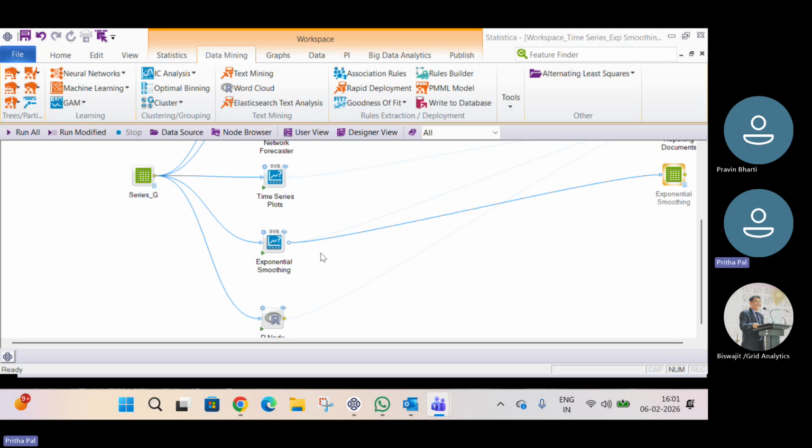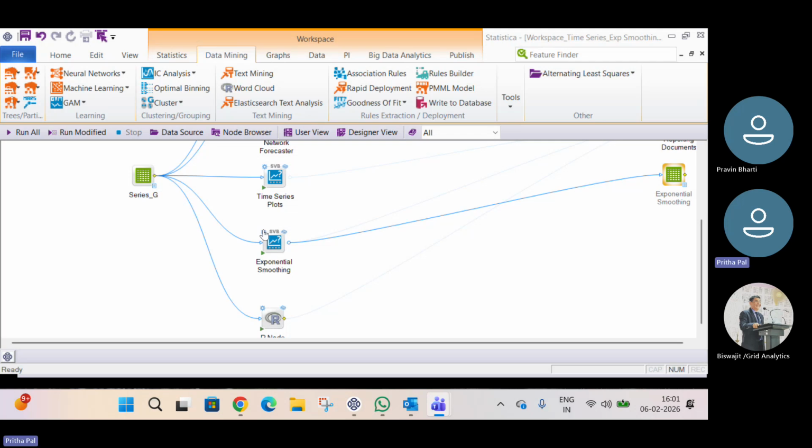Exponential smoothing is a forecasting method that assigns more weight to the recent observations and exponentially decreasing weights to the older observations. And smoothing means reducing random fluctuations in a time series.